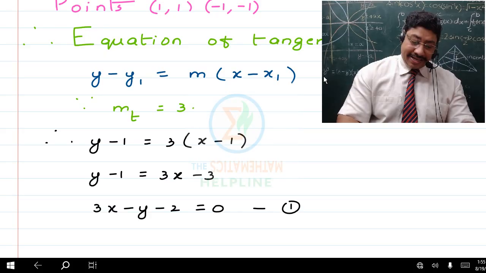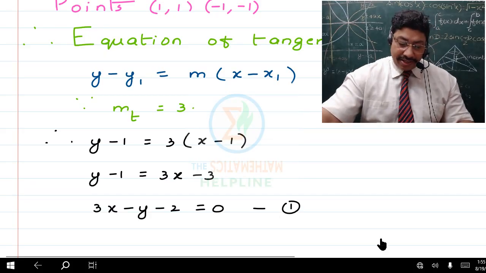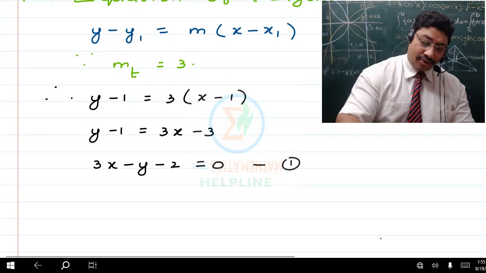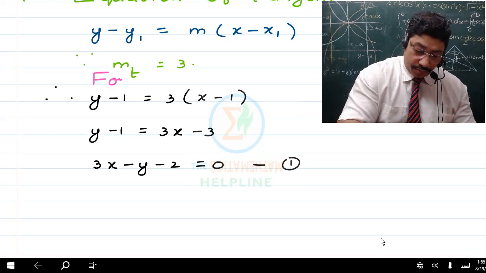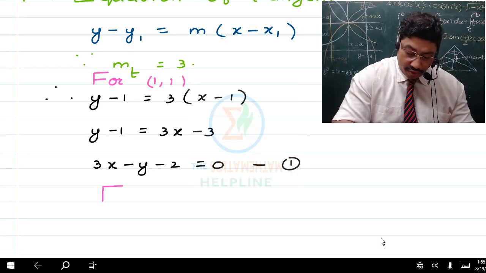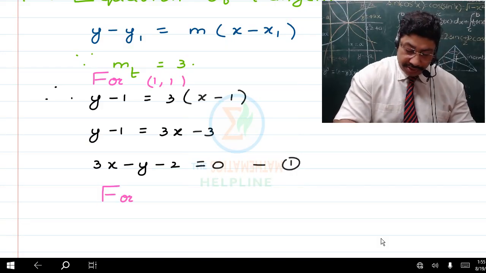And then in the second case, when it is the point minus 1 comma minus 1, this obviously was for the point which is 1 comma 1, right? And next, children, we talk about the second point, which is the point minus 1 comma minus 1.